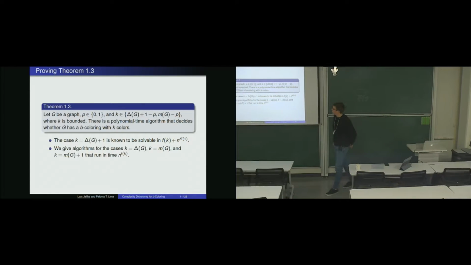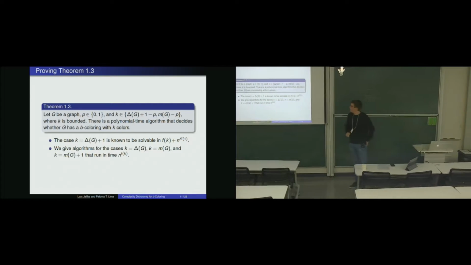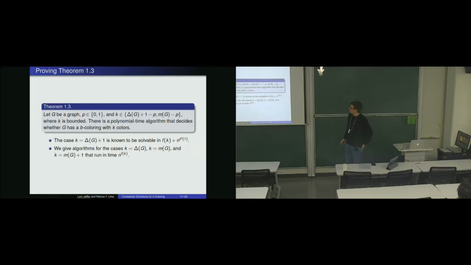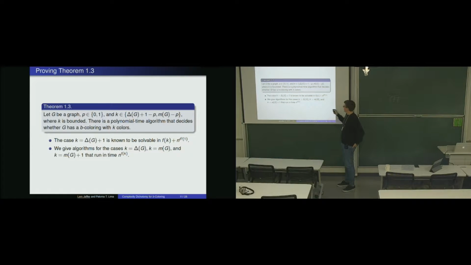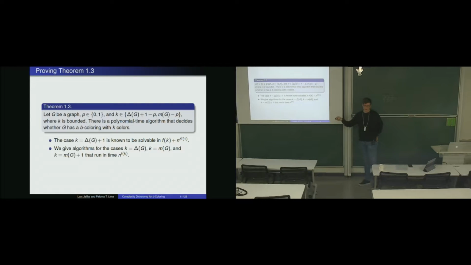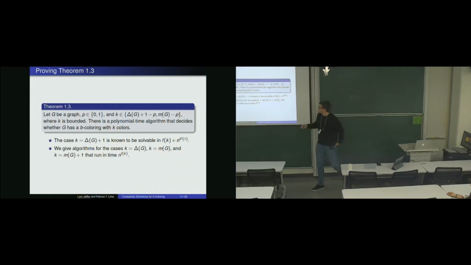So what we do is that we give algorithms for the remaining cases. And note that these algorithms will run in time n to the f of k as opposed to f of k plus n to the O of 1, which is, from the perspective of parameterized complexity, much worse.